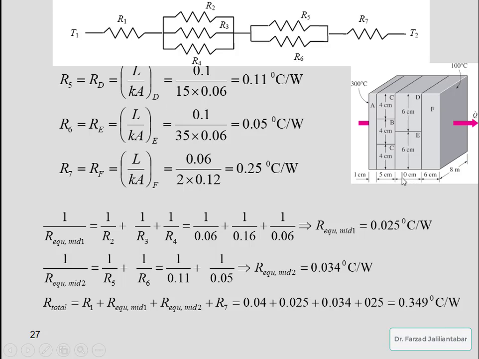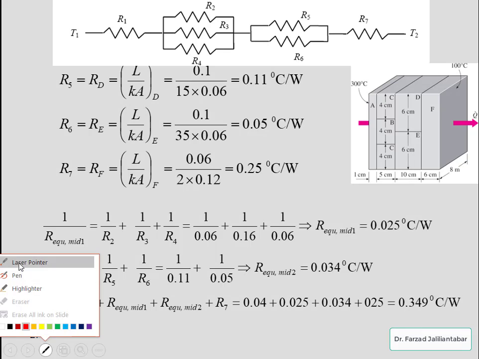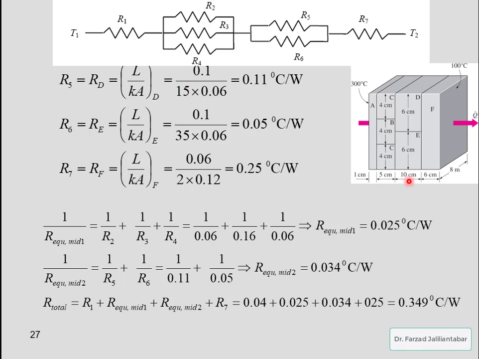We have the thickness 10 centimeter or 0.1 meter divided by K of the material D, which is 15, times the surface area of heat transfer for material E. You can see here we should calculate the A in this direction, which is 1 meter times 6 centimeter, which gives us 0.06 meter square.